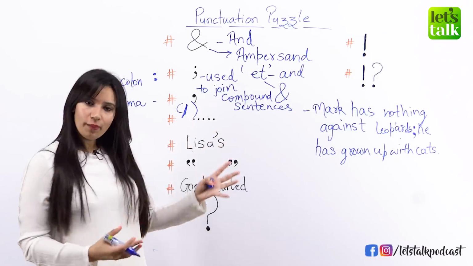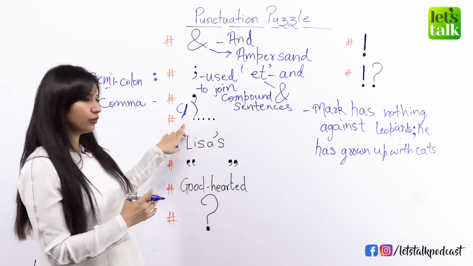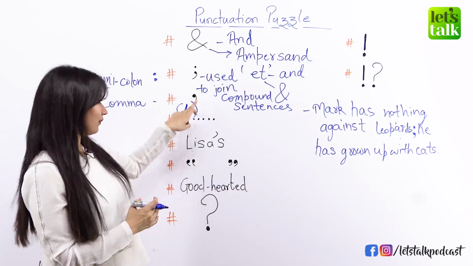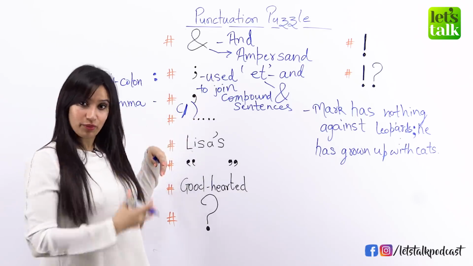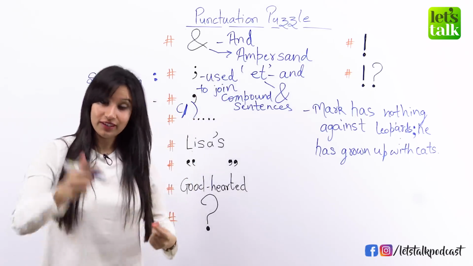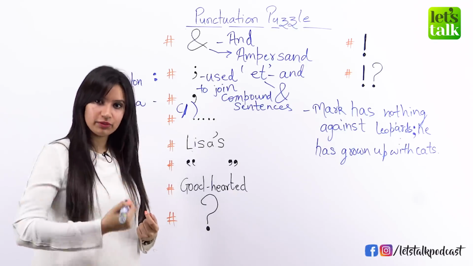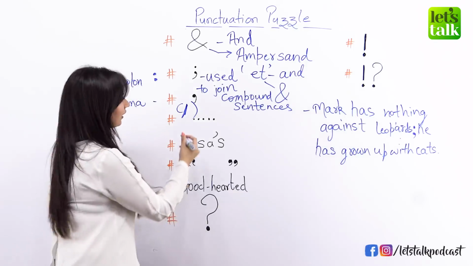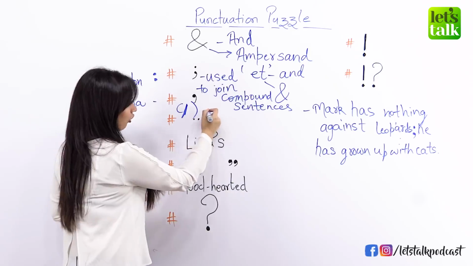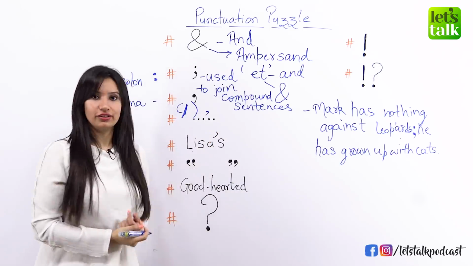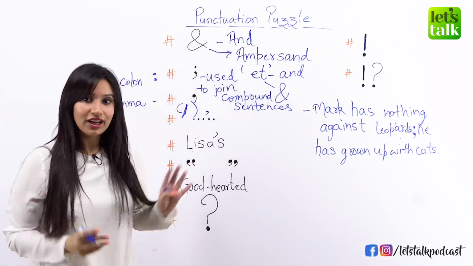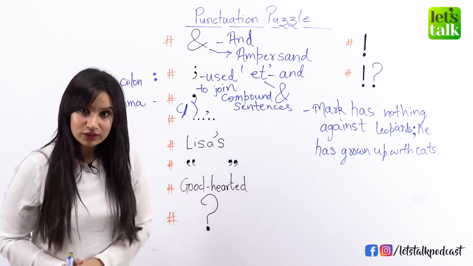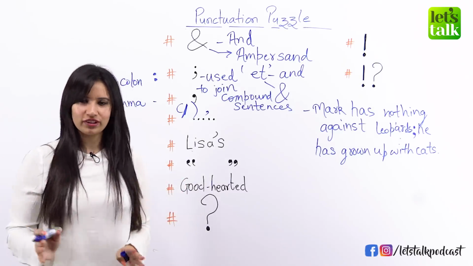Initially we used to use the slash in place of a comma for marking a pause, but eventually as writing grew and people started writing in a faster manner, they started using a comma, and this actually turned into this. So it's an evolution of the slash, and now the slash is exclusively used for comparing two things and not for any pauses.